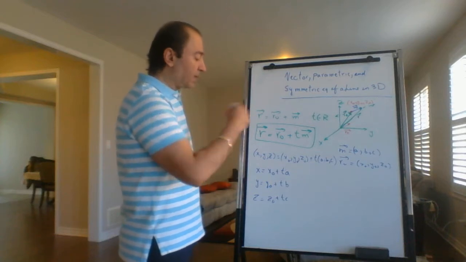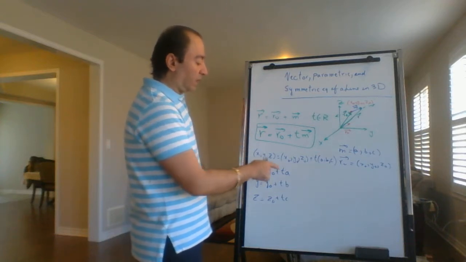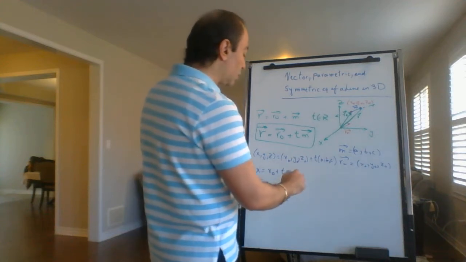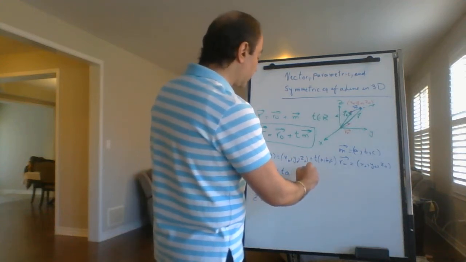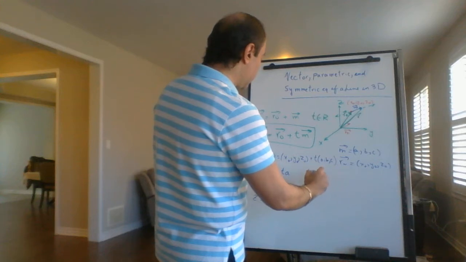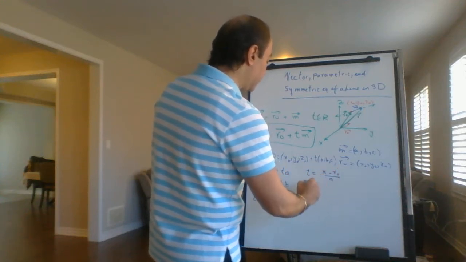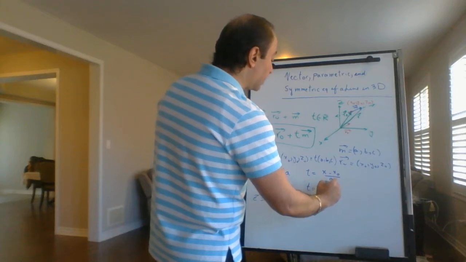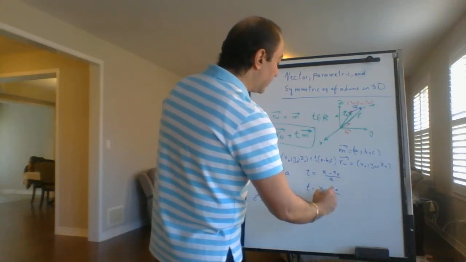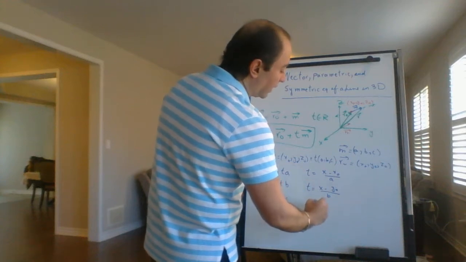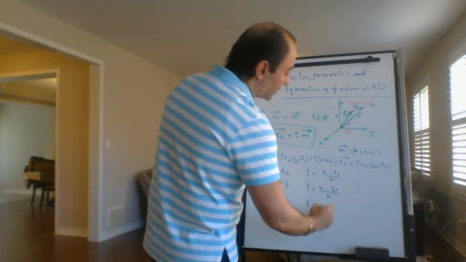Now there is a new type of equation. It's called symmetric equation. Now if we want to solve for t in the 3 equations, we'll find that t here equals x minus x sub 0 over a, and t here equals y minus y sub 0 over b, and t here equals z minus z sub 0 over c.